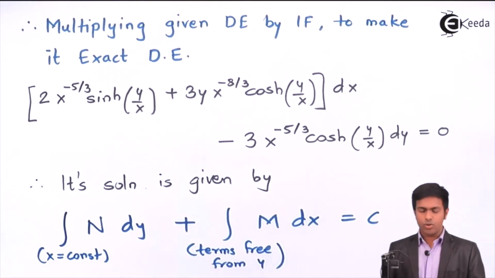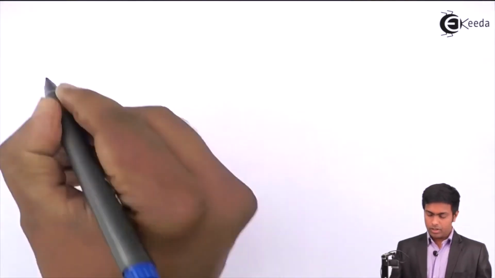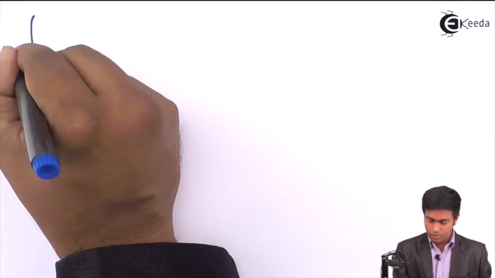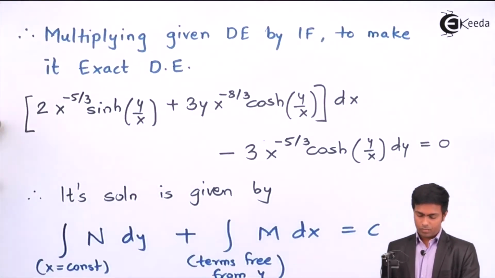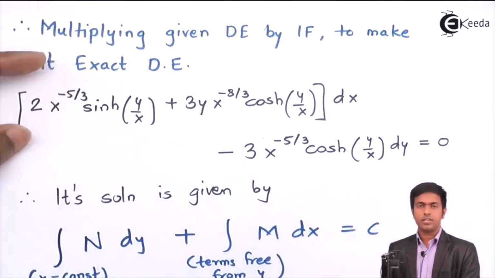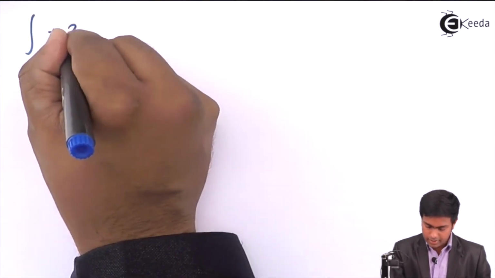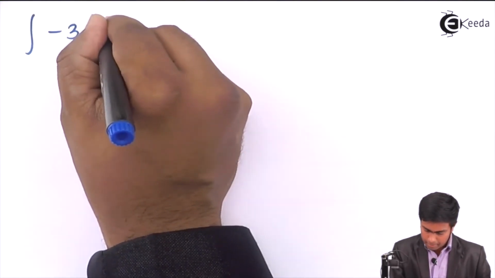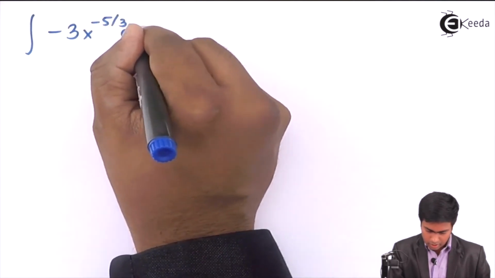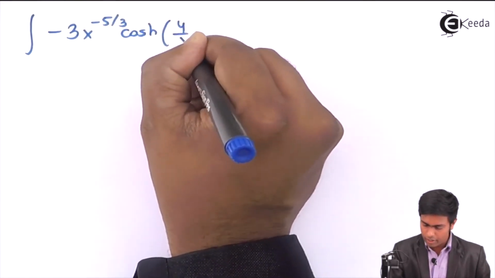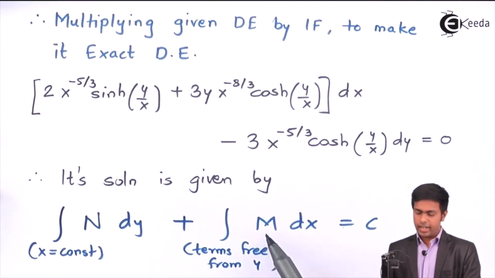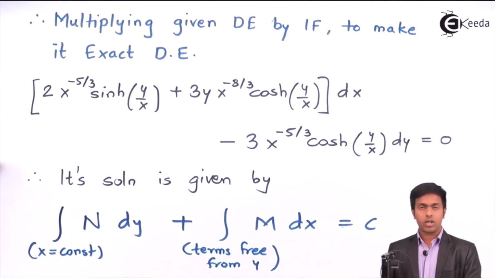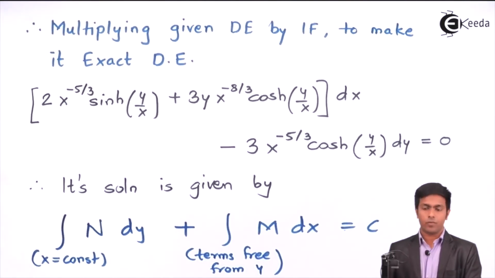By using this rule to get the solution of the differential equation, we will get integration of N dy. So here the value of N is this, so I'll say minus 3 x raised to minus 5 upon 3 cosh(y/x) dy, and to integrate M with respect to x, we will consider the terms which are free from y.